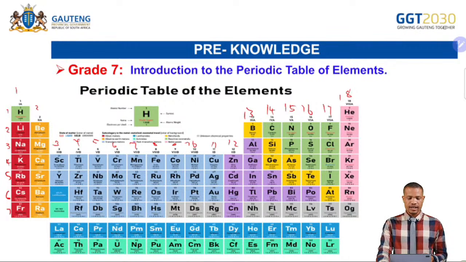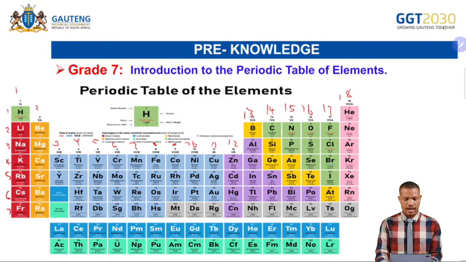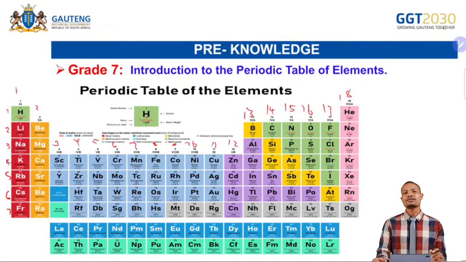Okay, right. And you remember that each element has its own unique position and its own unique chemical symbol. Like in this case, they used hydrogen as a standard, right? The smallest number within the block is called what? Yes, the atomic number. And the largest number between the two numbers is your atomic mass.